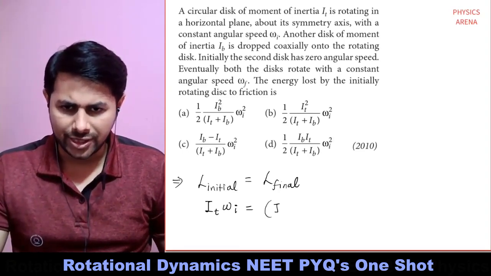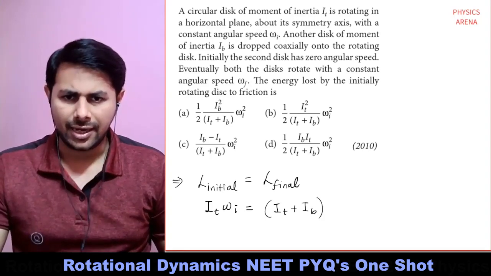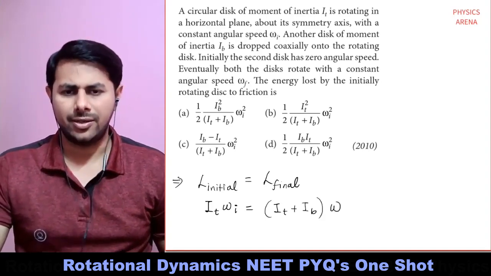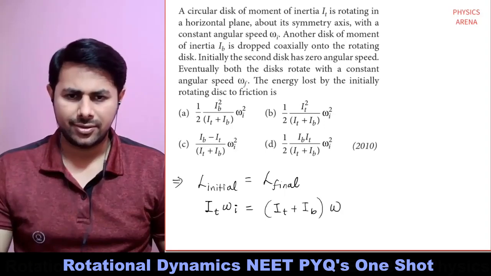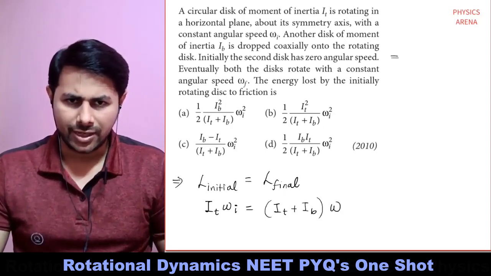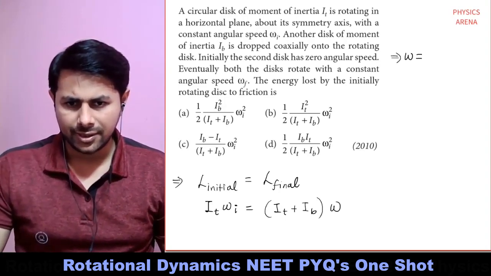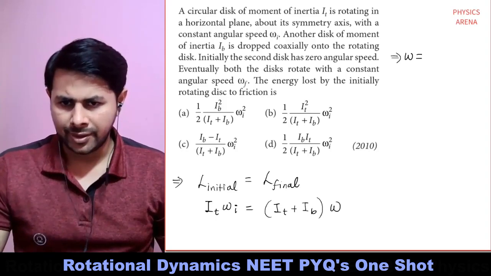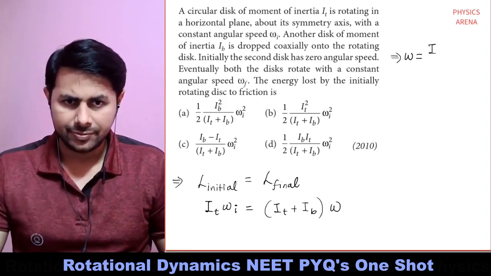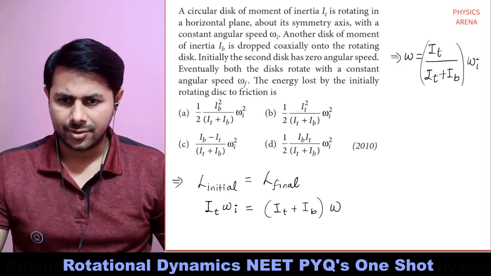So now the moment of inertia is I_t plus I_b, and the angular velocity becomes, suppose, omega. So from this we can find omega equals I_t divided by I_t plus I_b, multiplied by omega_i.